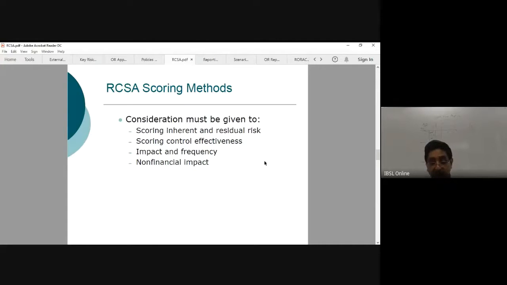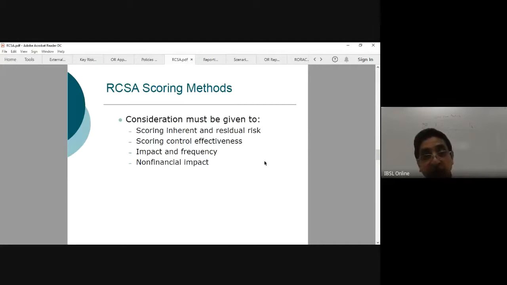So in order to get the level of risk, we need to arrive at the impact of the risk and the frequency of the risk. When you go to the controls, control effectiveness is really evaluated through how the controls try to mitigate the impact and the frequency of the risk.